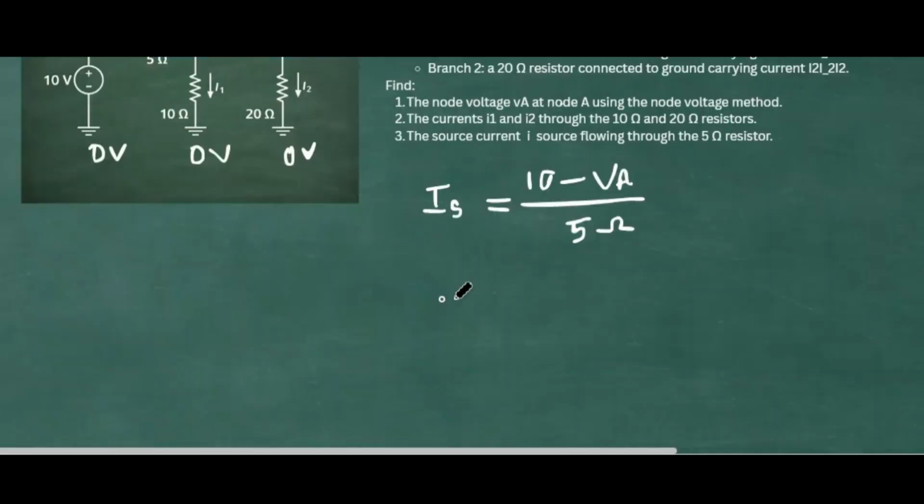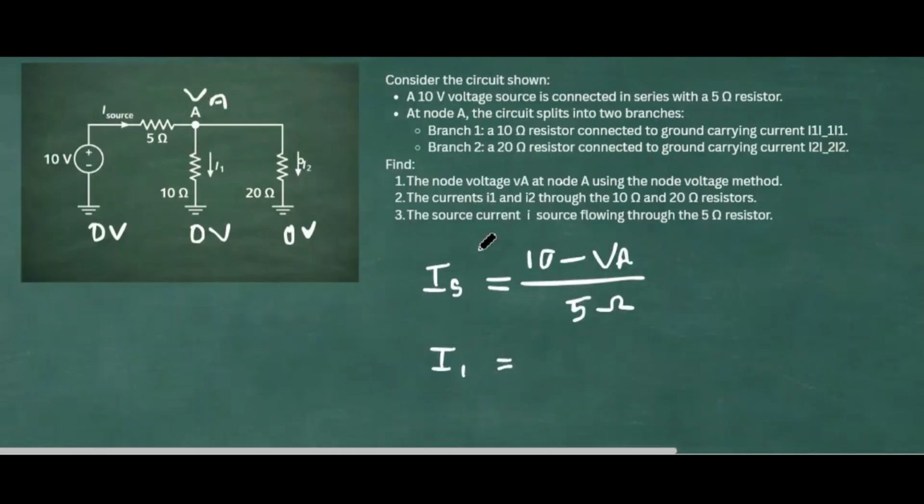I1 current is equal to VA minus, in here the voltage is 0, divided by the resistance of this resistor, which is 10 ohms.